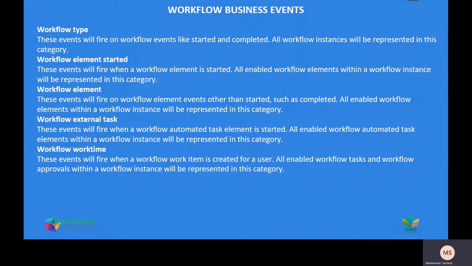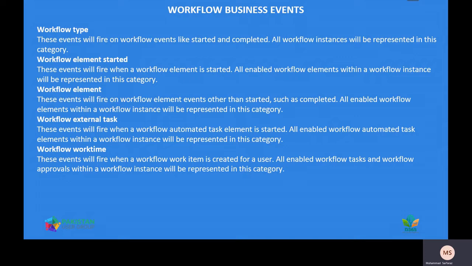For example, if there is an approval step in your workflow, whenever that approval step is started, you can raise an event that that particular element has been started. Similarly, there is an event that you can raise on completion of an element. Those are called workflow element based events.